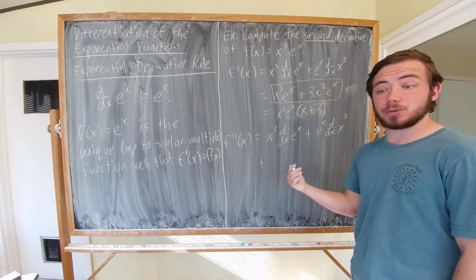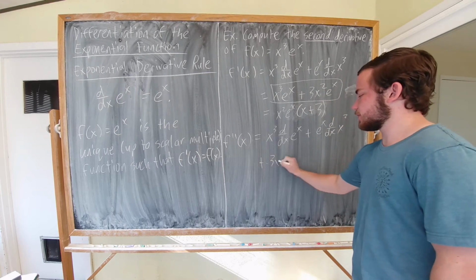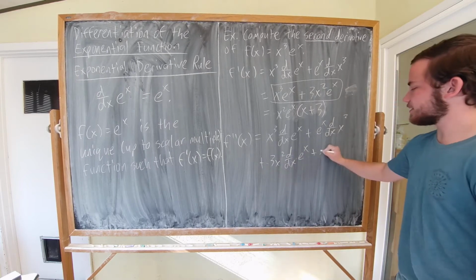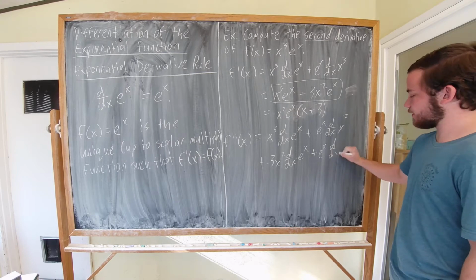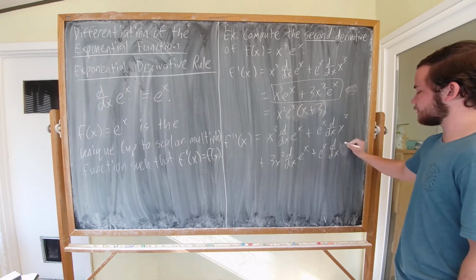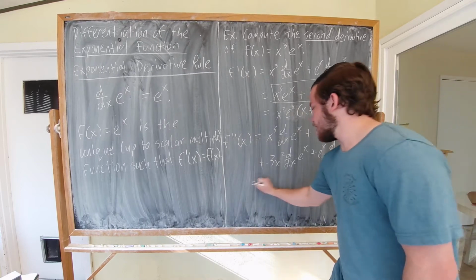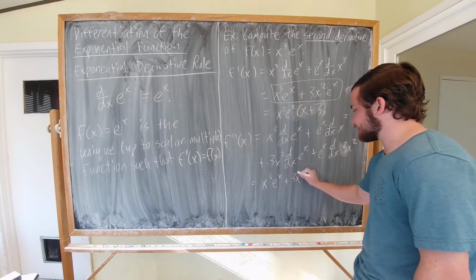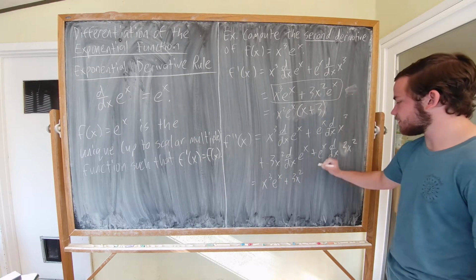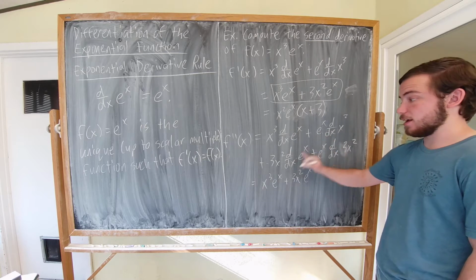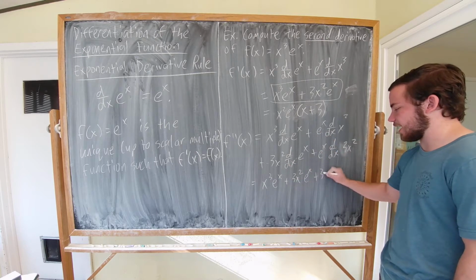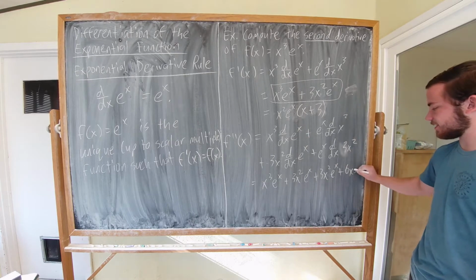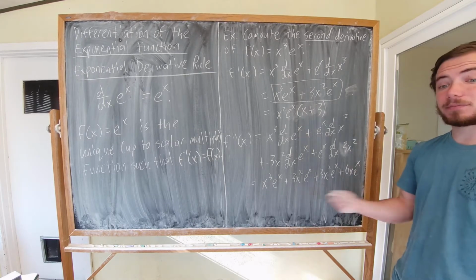Plus, now the product rule right here says first times derivative of the second plus second times derivative of the first. And I'll give you x cubed e to the x plus 3x squared e to the x from here, plus another 3x squared e to the x, plus 6x e to the x.